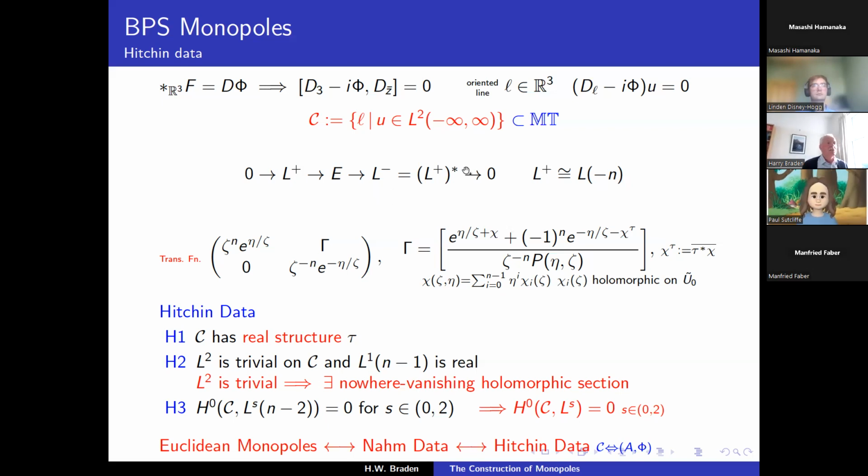And the piece that I'm just using in here that actually I won't need later is that with the symplectic structure, we can identify this L minus, the space where the lines decay, with the dual of L plus. But what we have here is an extension problem. And I'm just writing down here the transition function that we have.